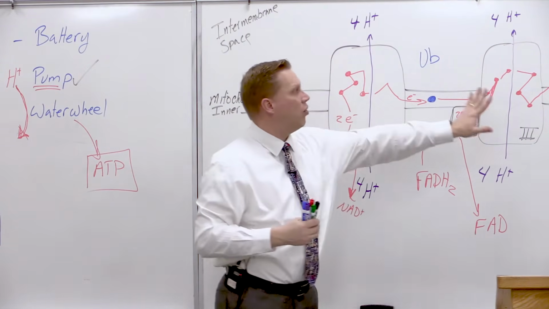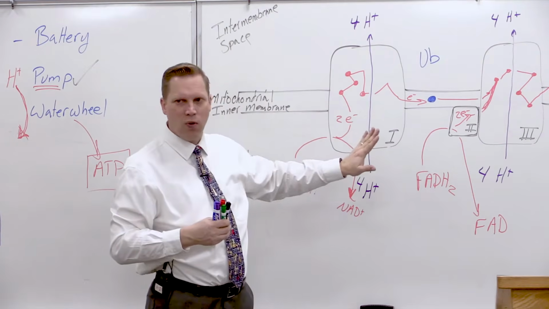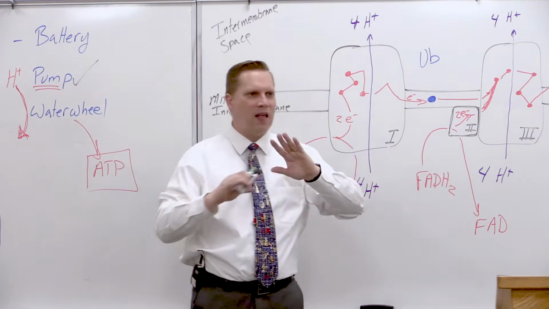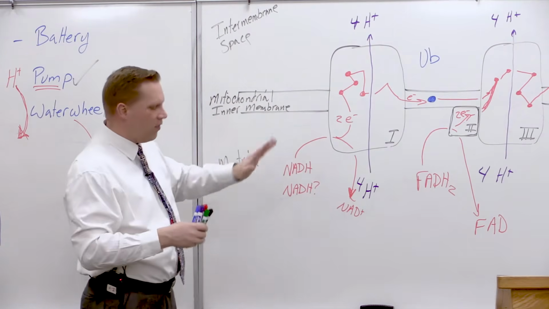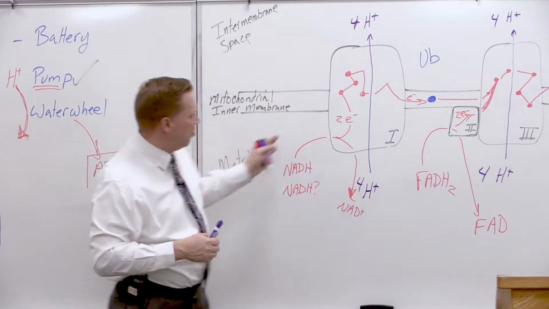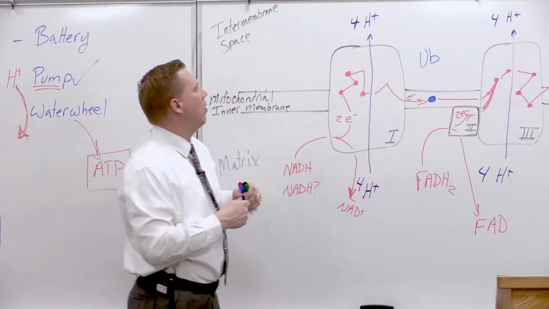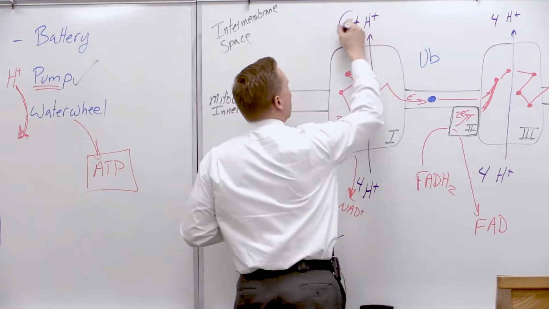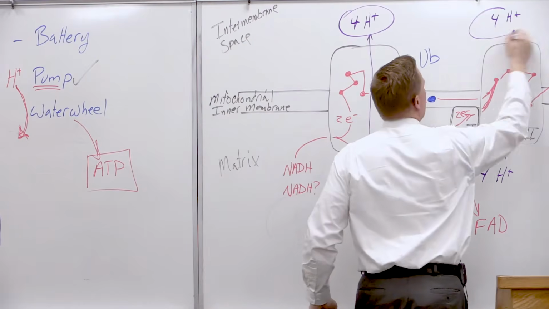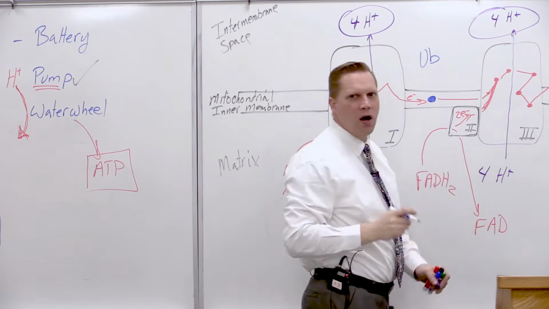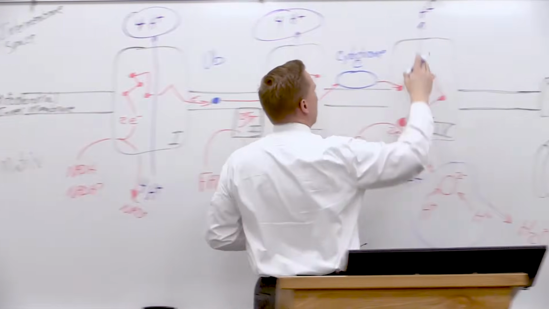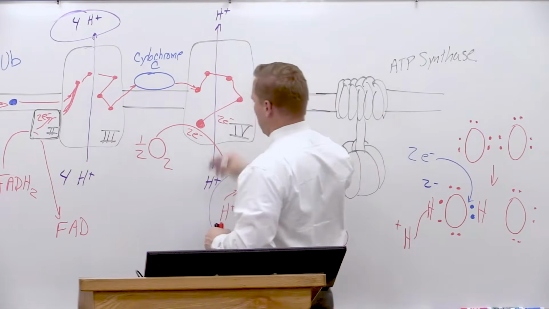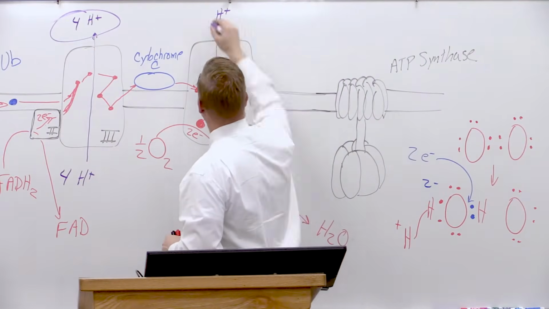Now notice through this process, the electron transport chain does not produce any ATP. All we've done, we have used our electron energy, but what we've really done is we've created these protons, and we've created a proton gradient on the inner membrane space. Right here, this last one is about 4 and 4.